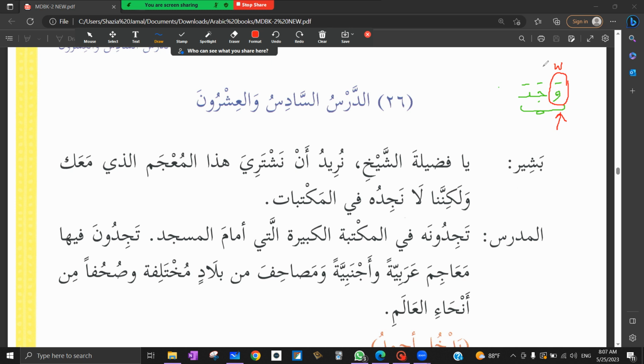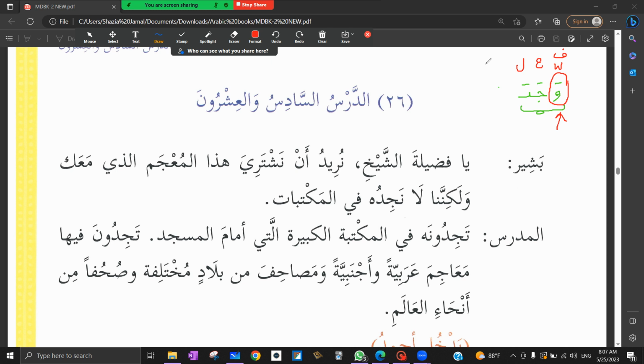In English we call it the fa radical, ain radical, lam radical. That means the letter that falls on the place of fa. The letter jim falls in the place of ain, and dal falls in the place of lam.